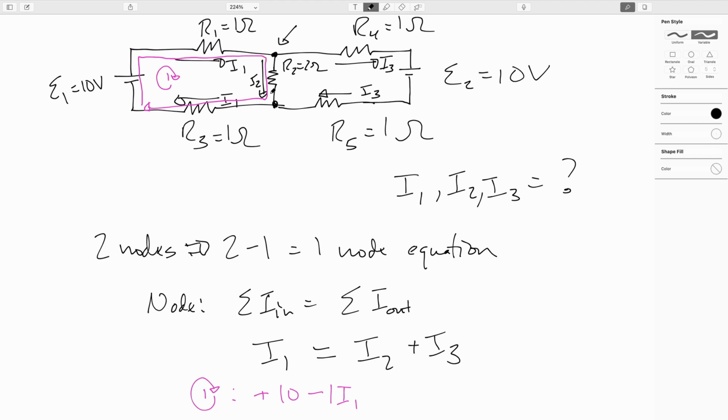So this will be minus 2I2, because I am at least going with the current. Now I'm back here. Once I go through this branch, I'm back to I1, so this is minus 1I1. And I'm back home, so that equals 0.